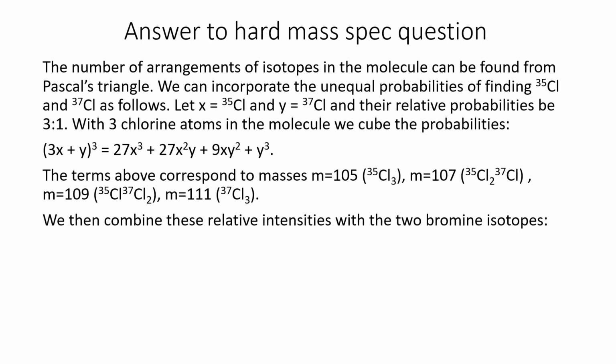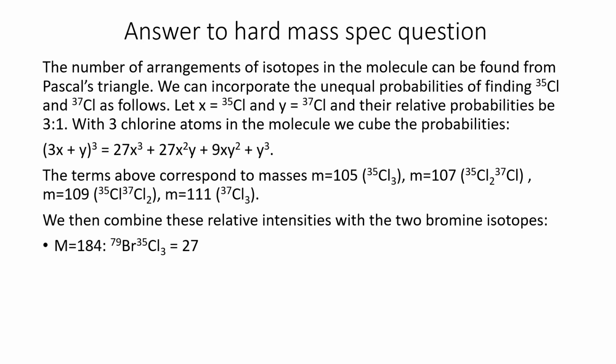And so now we combine them with the bromine isotopes, and this is a bit more straightforward because they're equally probable. The lightest mass you could possibly have with BrCl3 would be combining the lighter bromine isotope with the three chlorine atoms, all of the lightest isotope.